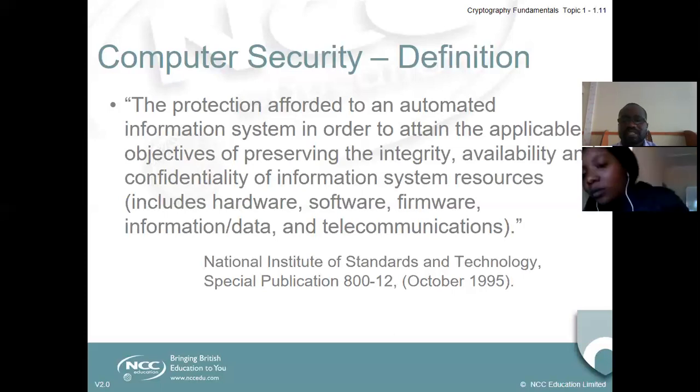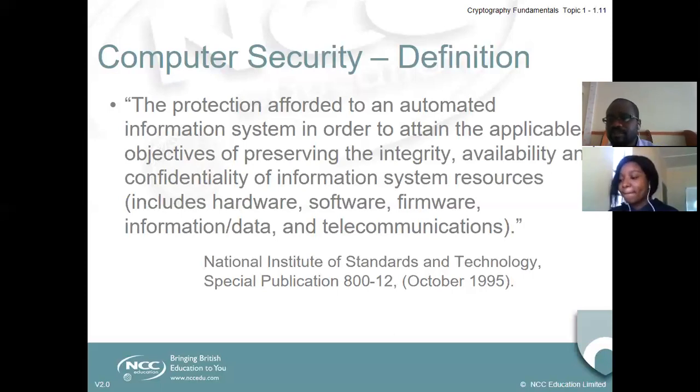Then confidentiality. What do you understand by the word confidentiality? Yeah, private, right? Information within the organization is not supposed to be found outside or by your competitors or whatsoever. Even within the organization, employees are not on the same level, isn't it?